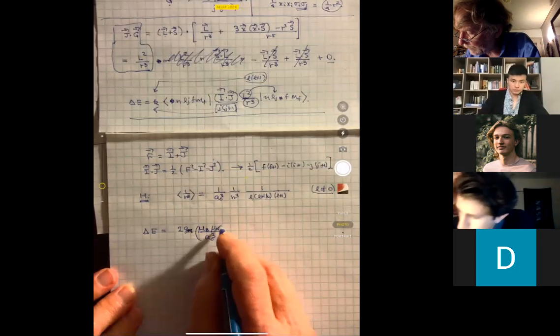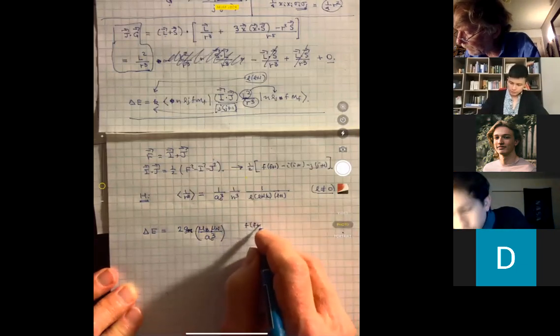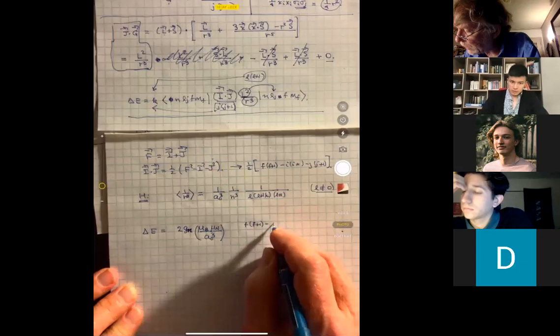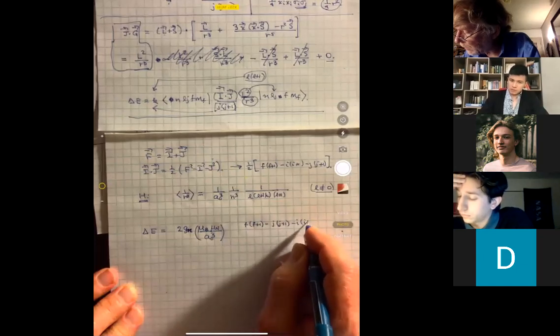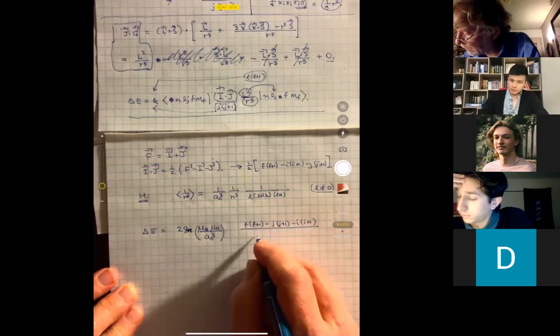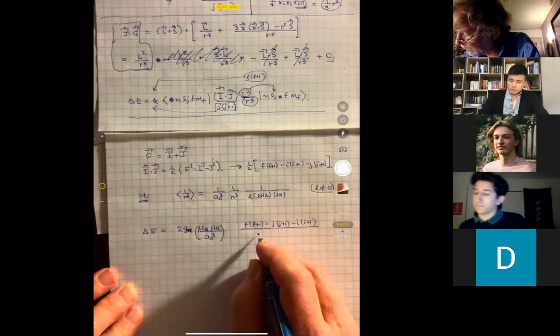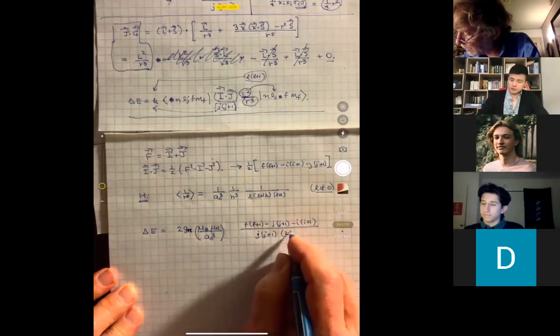And then we get F times F plus 1 minus J times J plus 1 minus I times I plus 1 in the numerator. And in the denominator, we get J times J plus 1 times 2L plus 1.